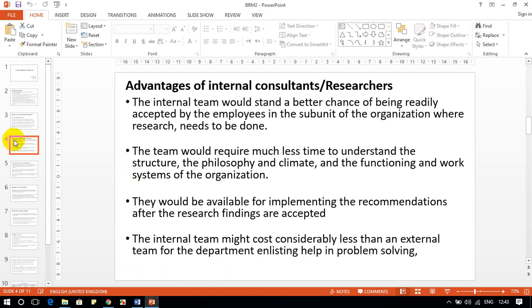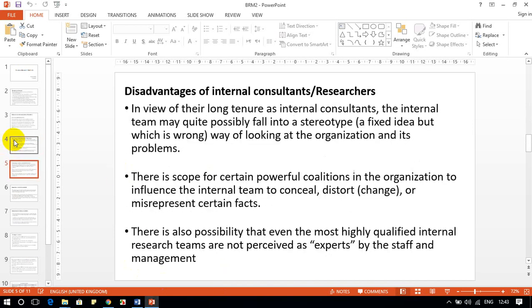After the positive points, we are here to talk about the negative points of internal consultant research. The first thing is that, in view of long tenure as internal consultants, the internal team may quite possibly fall into a stereotype or fixed idea, a wrong way of looking at the organization, and that is the problem.